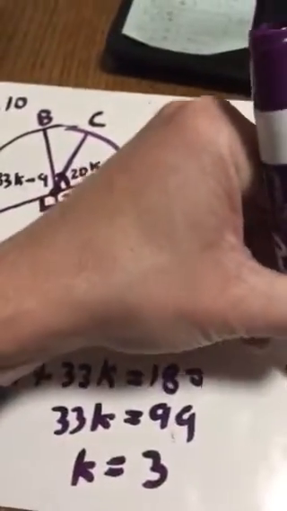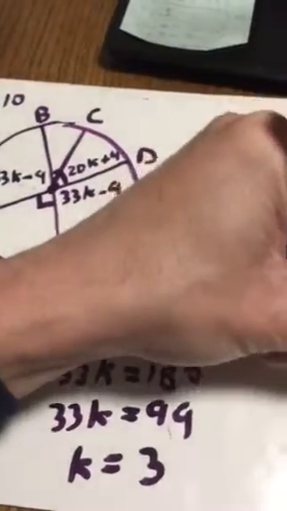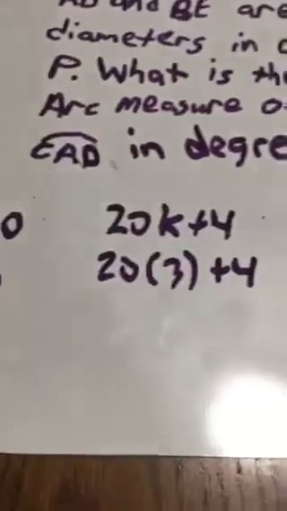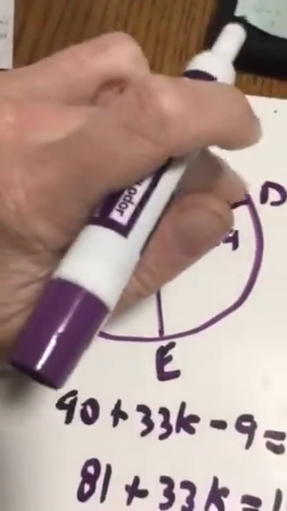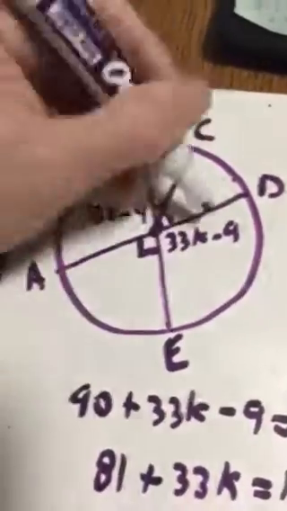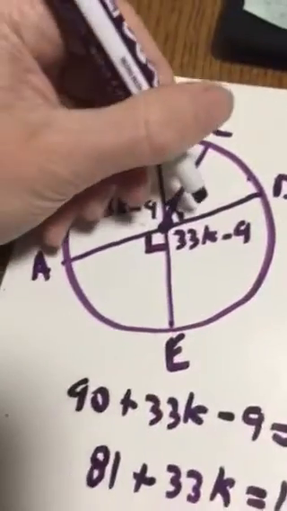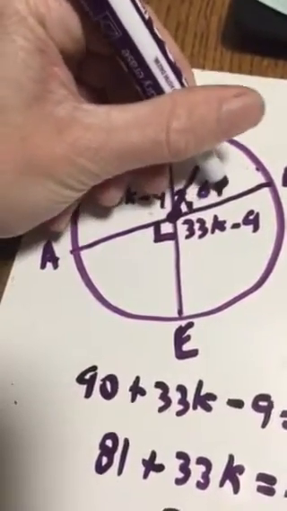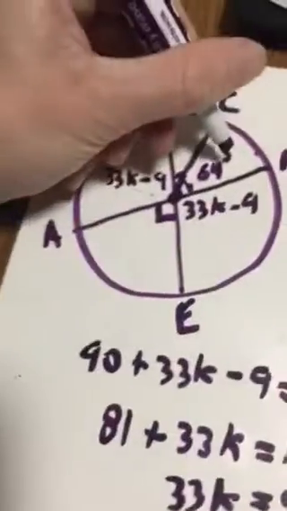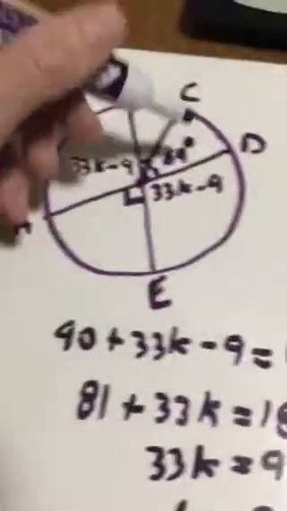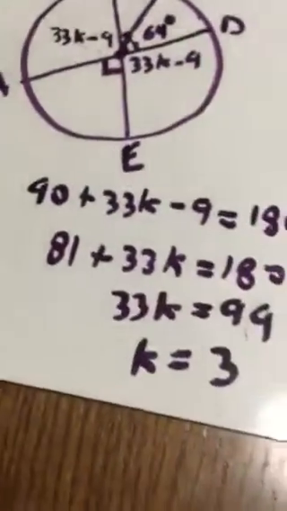So we do 20 times 3 plus 4, which gives us 64. So this angle is 64 degrees. We know this whole thing is 90.